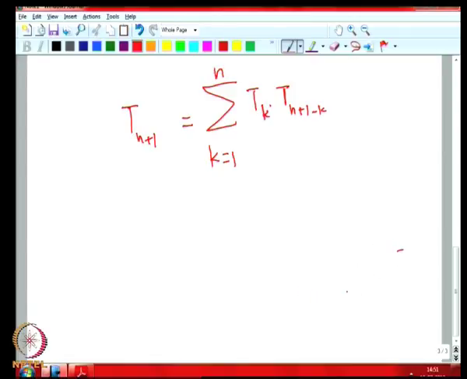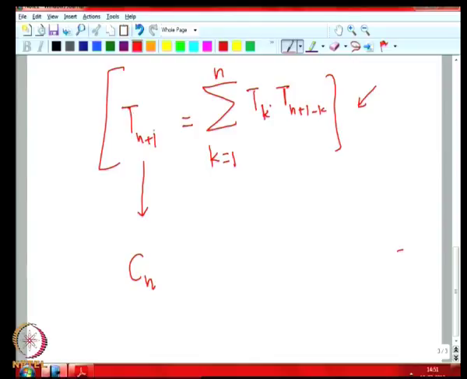Now, this recurrence seems very similar to the one we wrote for Catalan numbers, just that we are starting from 1 to n. So we note that this is identical to C_n.